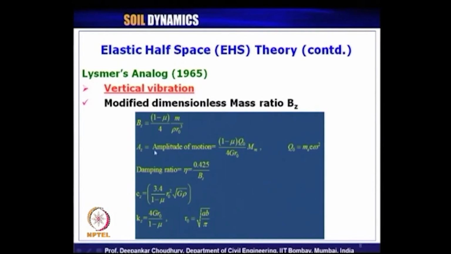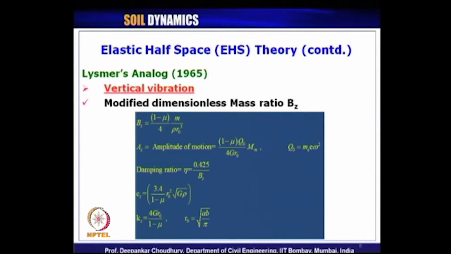So, remember, the small b proposed by Reisner was this expression m by rho r naught cube, which is small b. What Lysmer proposed is to multiply it with 1 minus mu by 4, where mu is Poisson's ratio of the soil. Then the effect of Poisson's ratio is also taken care of, and it still remains non-dimensional.